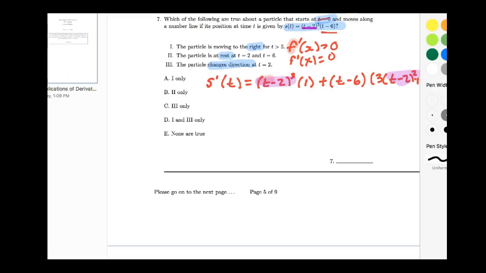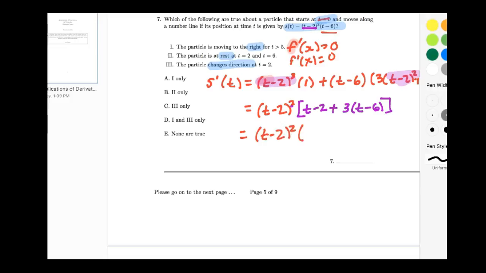Factor it out. So this is a tough one. You're going to factor out t minus 2 squared, which only leaves us now, in this first part, a t minus 2. You factored out both of these, you're going to have plus a 3 times t minus 6. So you get t minus 2 squared times t minus 2 plus 3t minus 18.